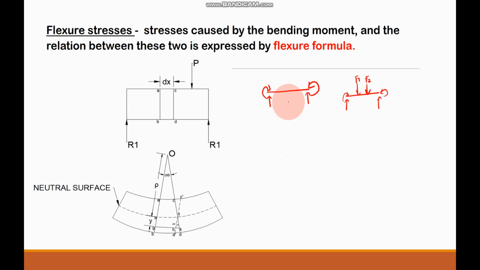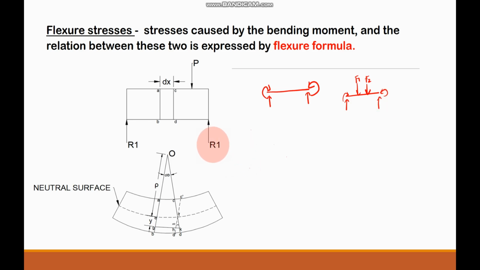And this pure bending naman is the beam self-load. Nagkakaroon ng bending due to its self-weight or yung weight of the beam. While this one is made by external, or the beam is experiencing bending due to the external load.